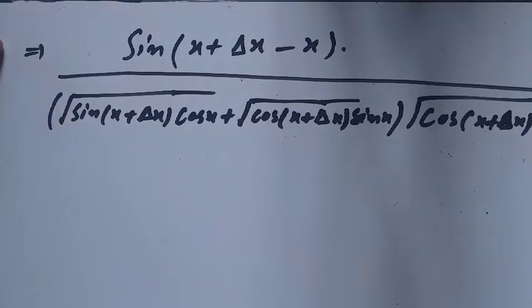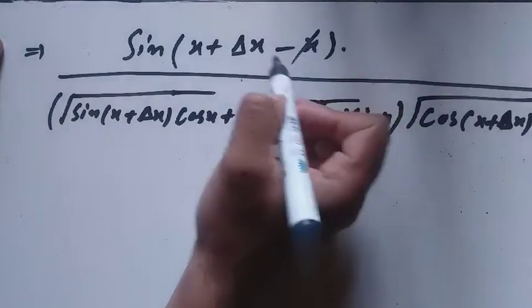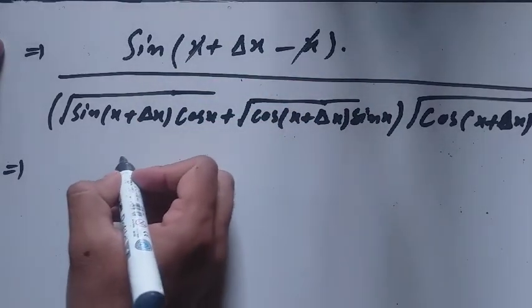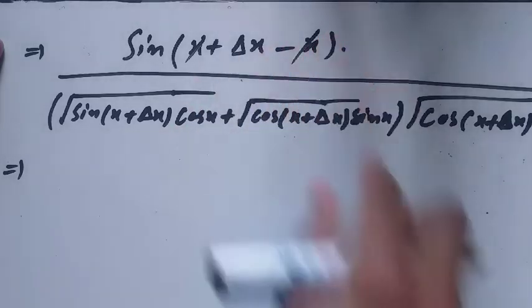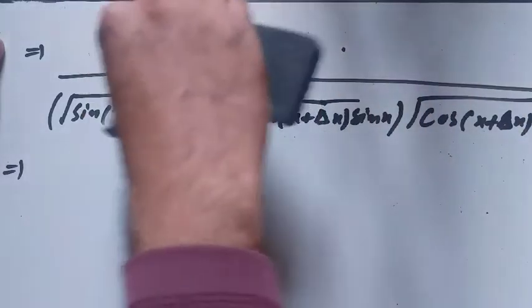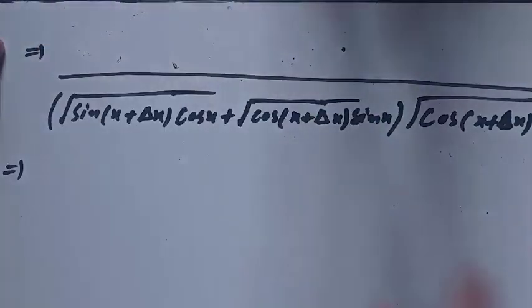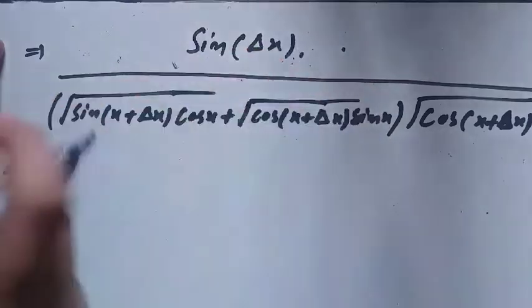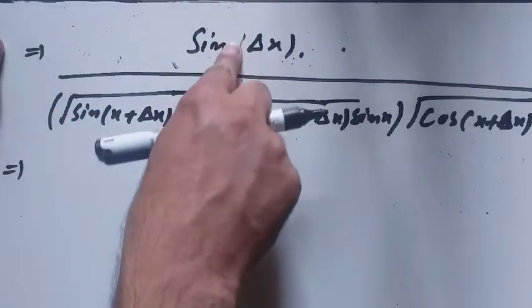Now this and this will cancel out, and I'll just write this step here, and this becomes our sine of delta x. All right, sine delta x.